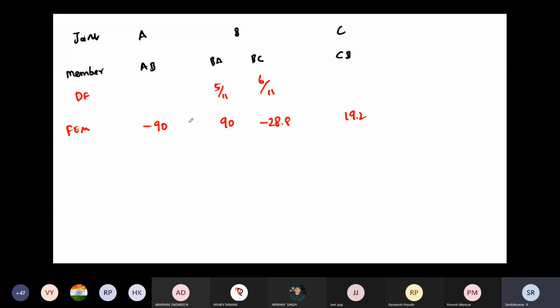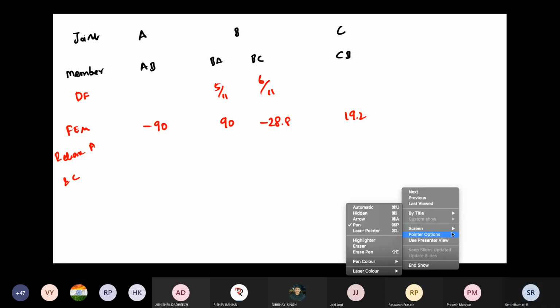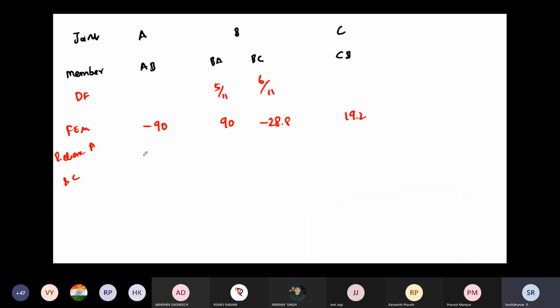So to make it 0, I am going to release A and C. Releasing A and C means this has to be 0. So I am going to put plus 90 here, so minus 90 plus 90 will be 0. And I am going to put minus 19.2 here, so that will be 0.